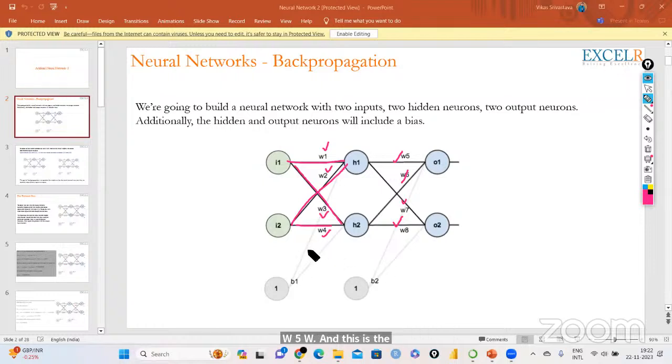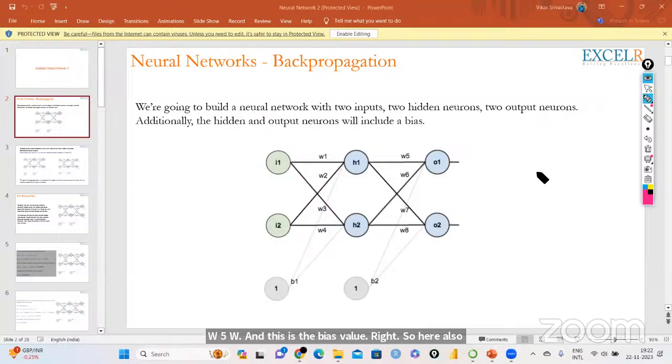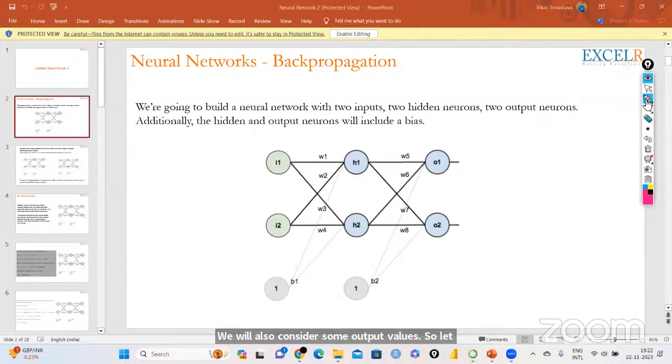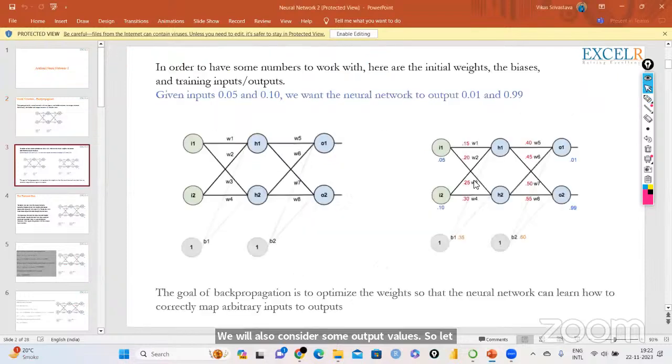So here also we have some weight values. What we are going to do is take some input values, and we will also consider some output values. Let me just show you what I'm explaining. So let's suppose, guys, it is given that the input for these nodes will be these two values.